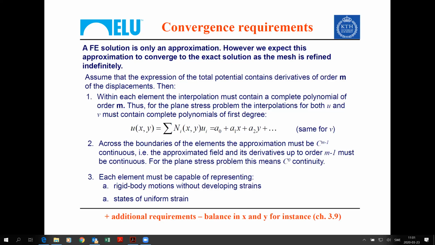That is, in the limit, we will have very, very small elements, all of them in states of uniform strain. So as long as we can reproduce states of uniform strain exactly, then our elements will converge to the correct solution.